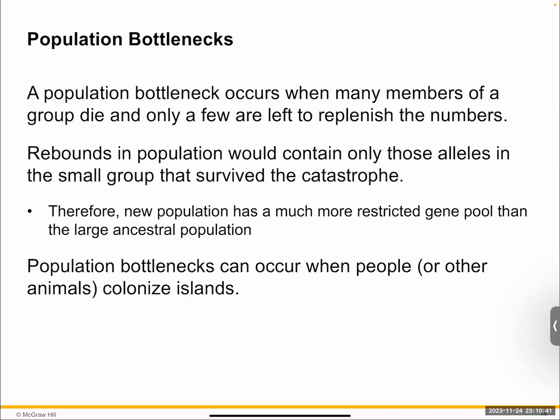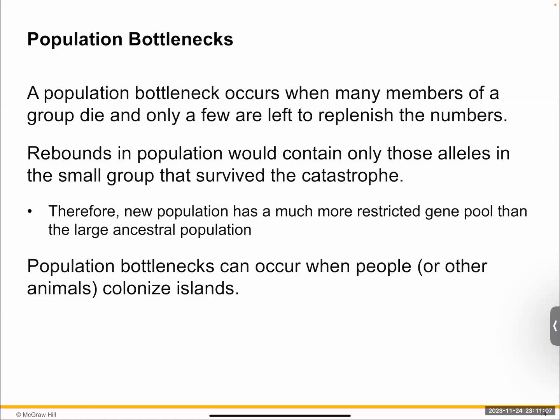Therefore, the allele frequencies are being replenished from a very small portion or sample size of the original population. In this case, your gene pool is much smaller compared to the original ancestral gene pool, where you had a huge number of individuals who could interbreed with each other.